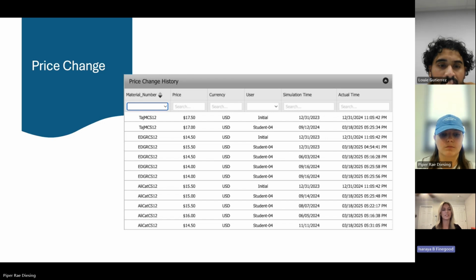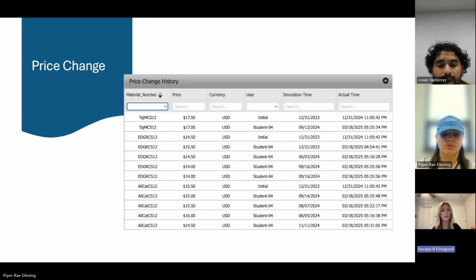And then for Edgar, our plan was to start at 1550 and to change to 1450 in June, and then to change to 14 in October. And we ended up changing to 1450 in June like we planned, but then we changed to 14 in September.